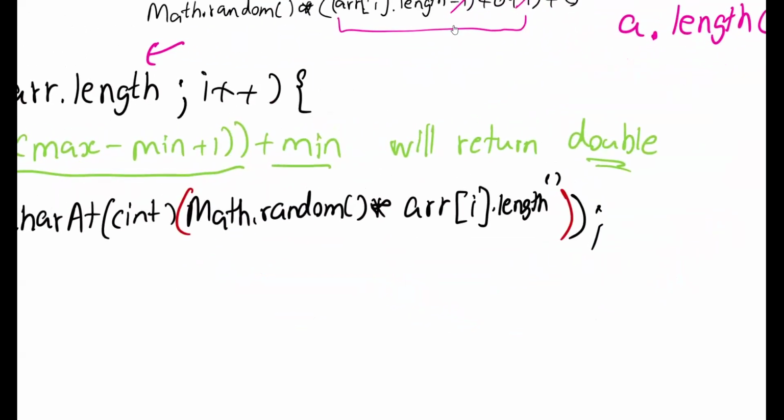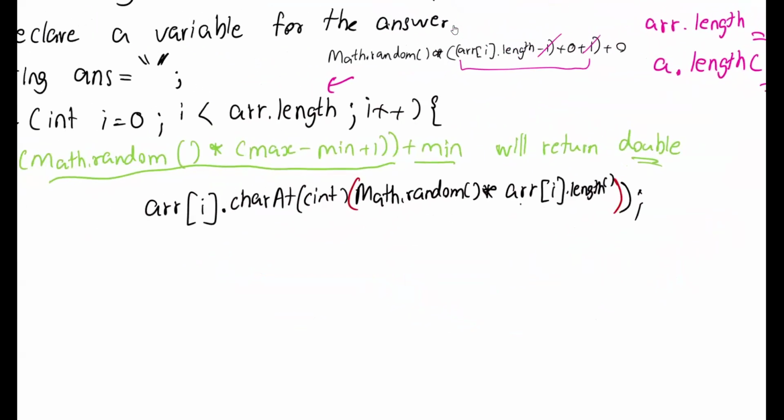Anyone? Yep, we need to put the parentheses, because this array[i] is a word, so the length will be a string length. If you want to get the length of the string, you need to put the parentheses.